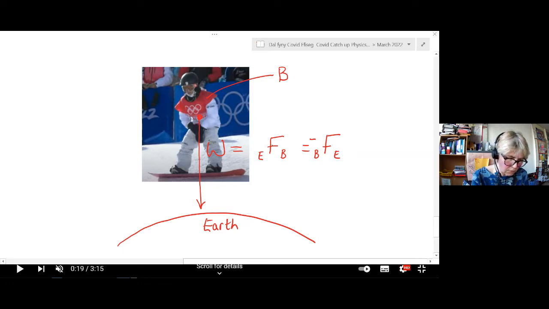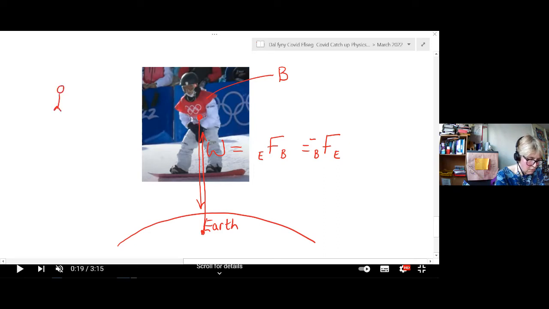So it's the force from the Earth onto the body. The other reaction force is from the body onto the Earth, and it goes in the opposite direction. And it just doesn't look quite right, does it?